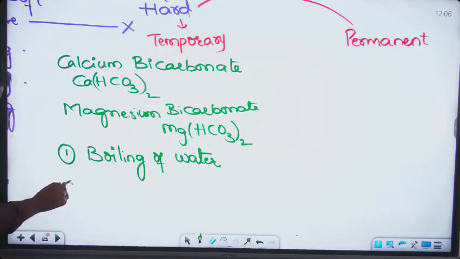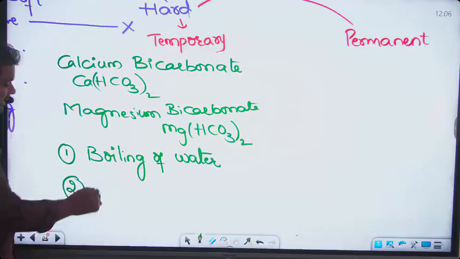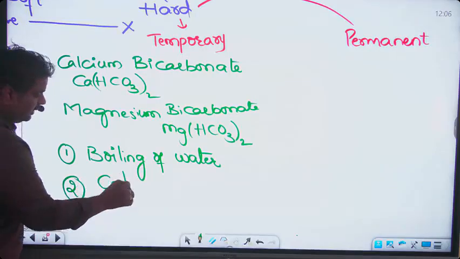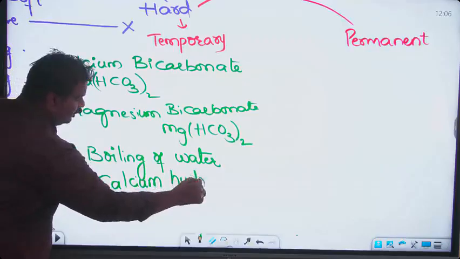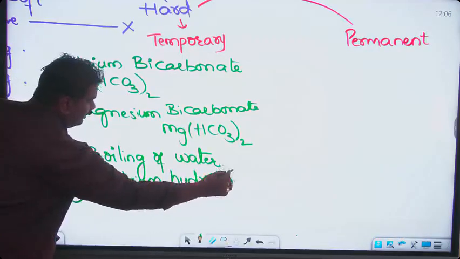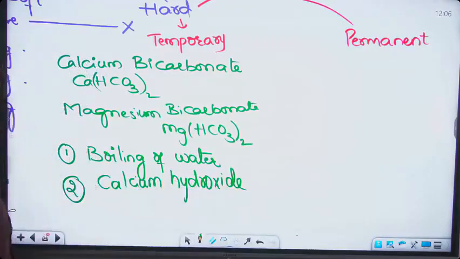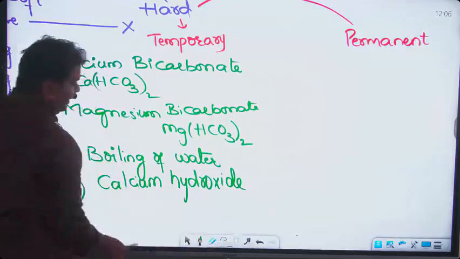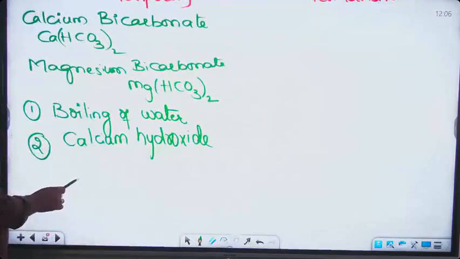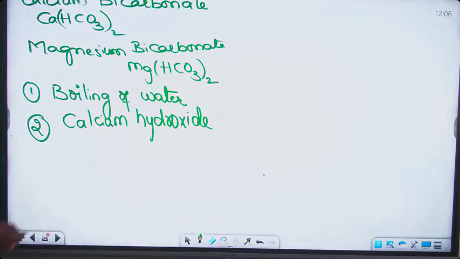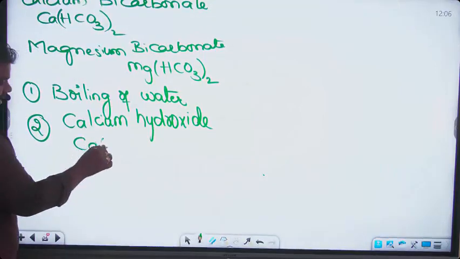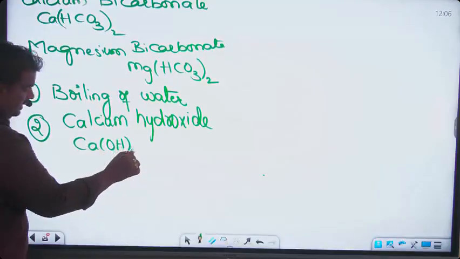Then temporary hardness of water can be removed by the addition of calcium hydroxide, Ca(OH)2.